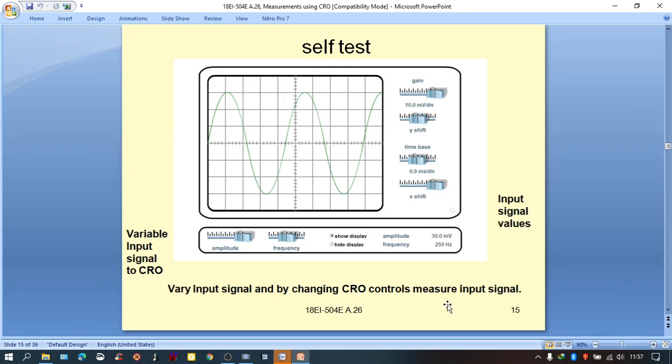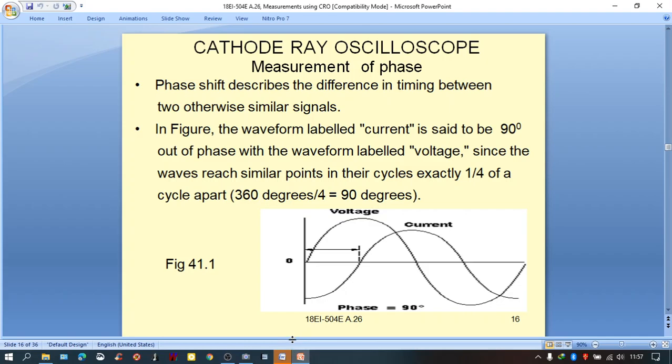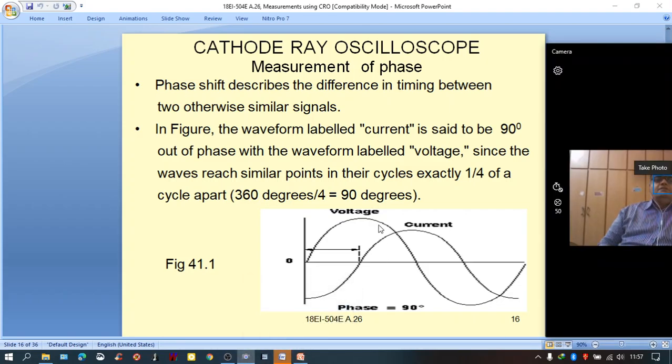So that is self-test. Now coming to the measurement of phase. How do you measure the phase? We have to measure the phase of a signal with reference to another standard signal.